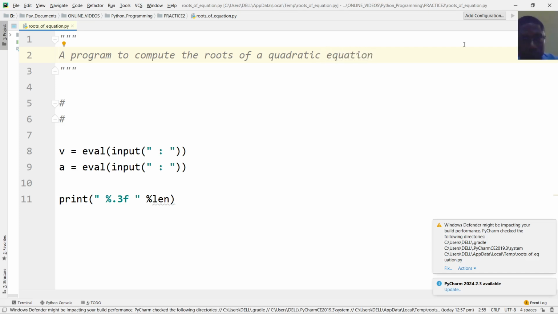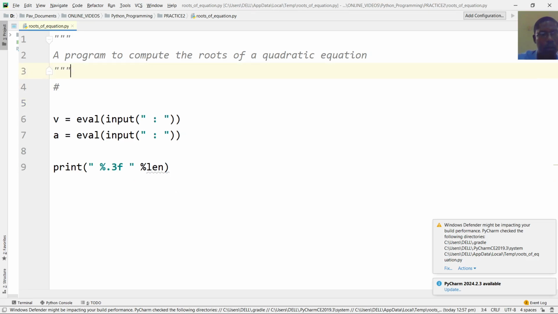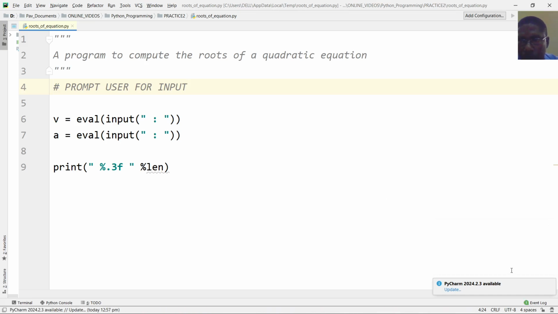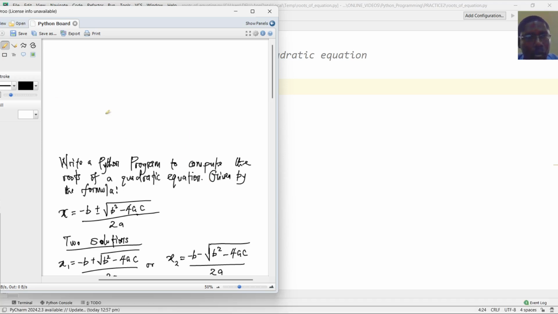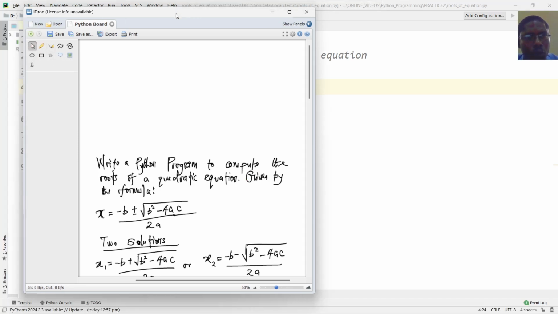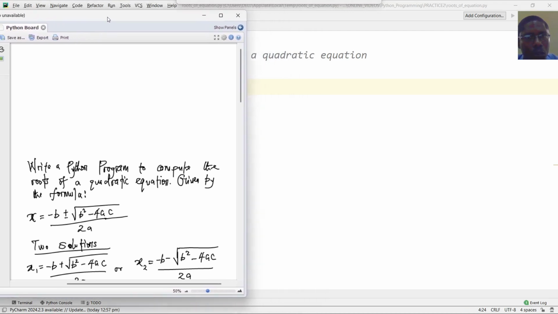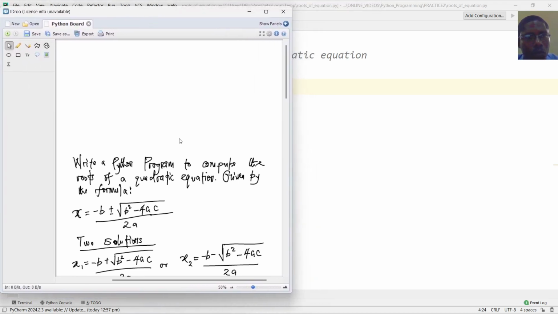The first thing is, of course, to prompt the user for input, just as we have in our algorithm. We have to prompt the user for input.